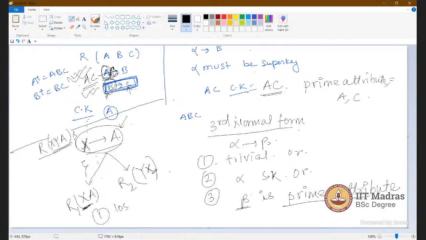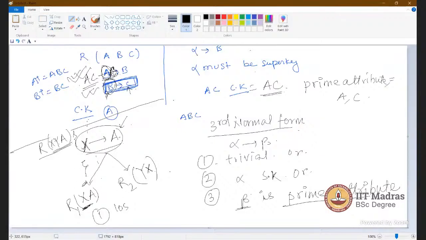You can check what we previously discussed in the week 6 live session. I think we already discussed the first normal form, second normal form, third normal form, and the BCNF. Yes, sir.